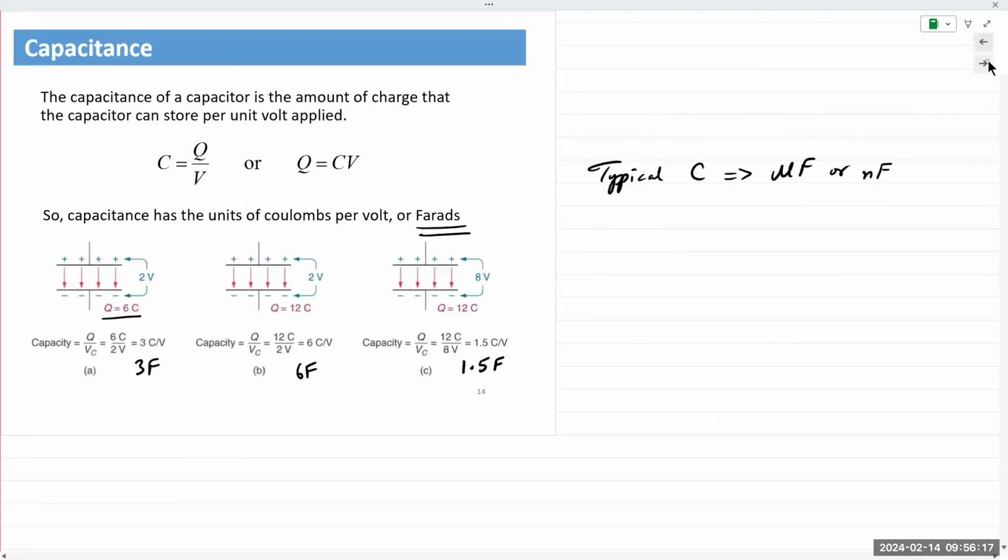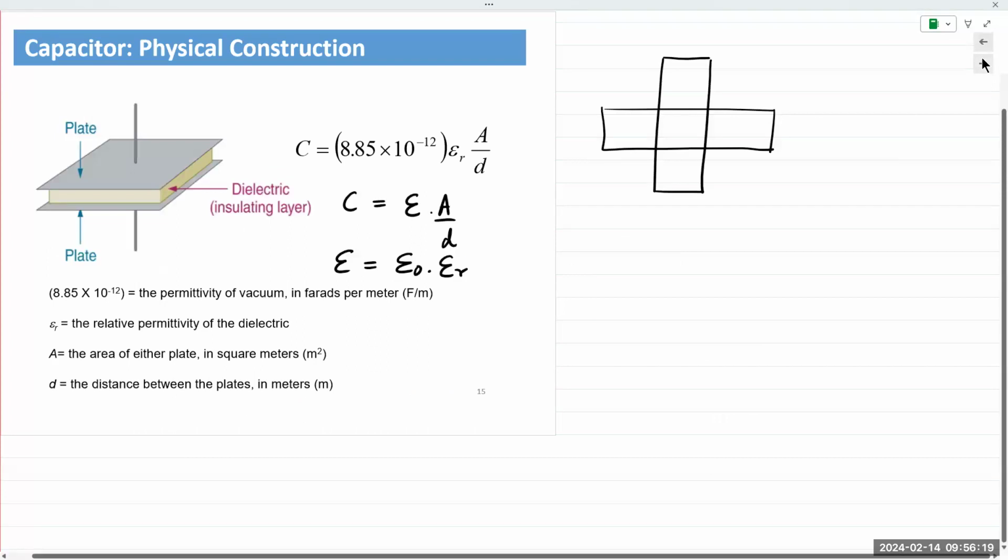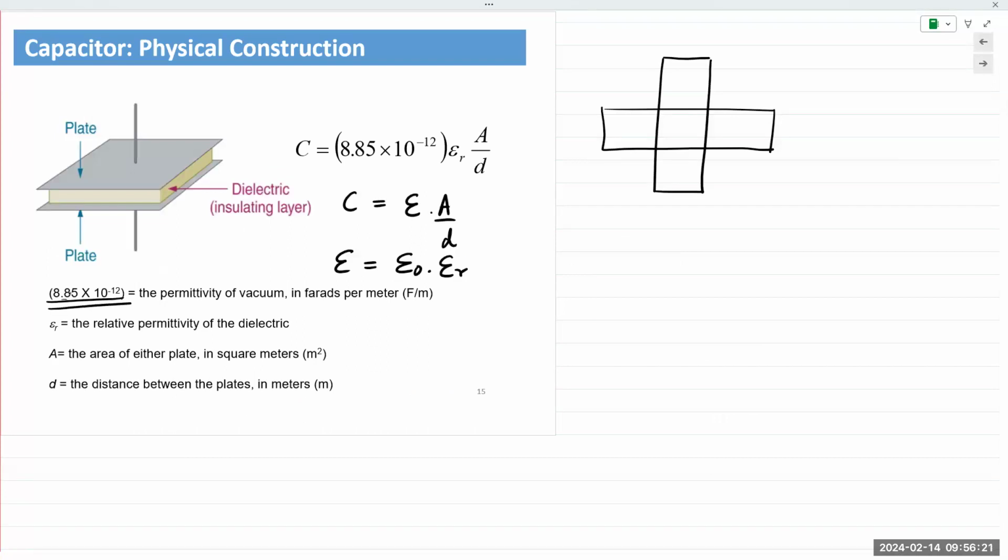And capacitor physical construction. So epsilon 0 again is a constant, the permittivity of free space, of vacuum, in farads per meter, and epsilon R is the relative permittivity of the insulating material relative to epsilon 0.